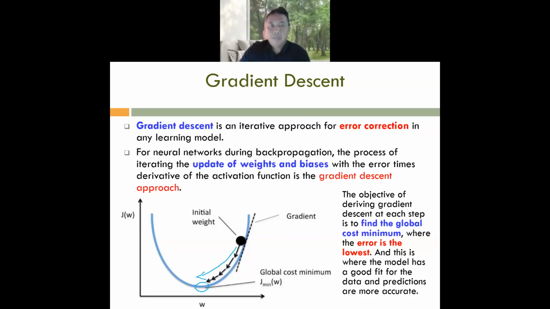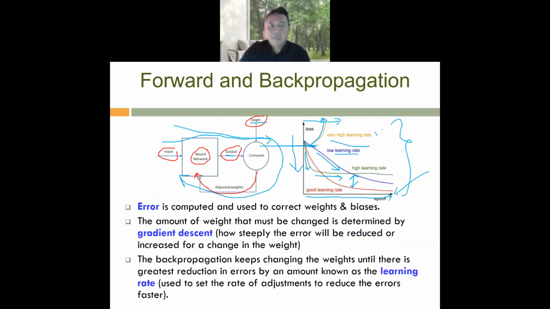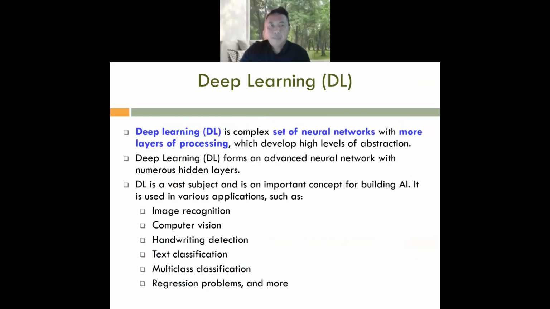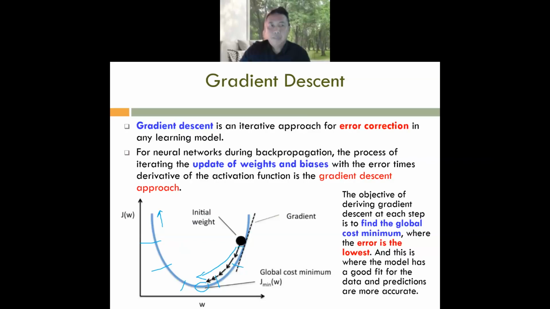But what happens if we make a bigger step? You will go up here. This is what happened with the yellow one. If you make a small step, then you will gradually lower the cost.